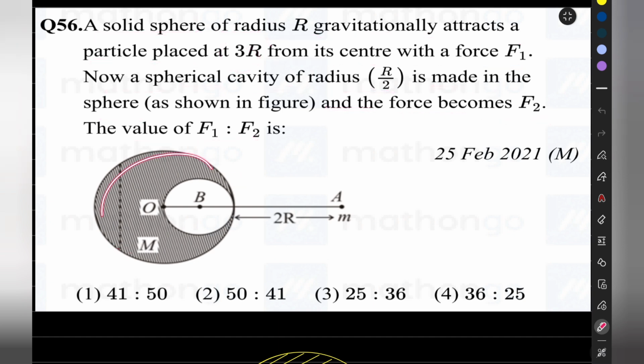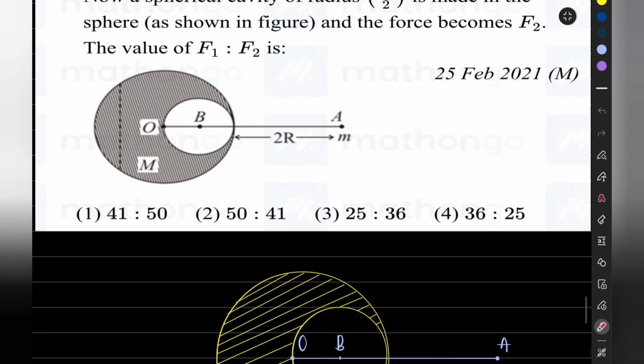So this is the solid sphere we have, this is the cavity we have. The force of attraction between the solid sphere and this mass is F1, and the force of attraction between this cavity part and this M is F2. So we want to find the ratio of F1 and F2.